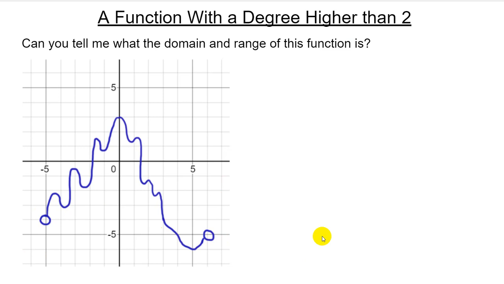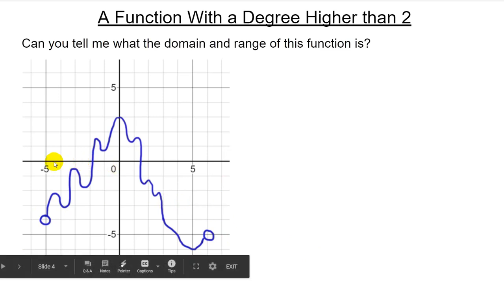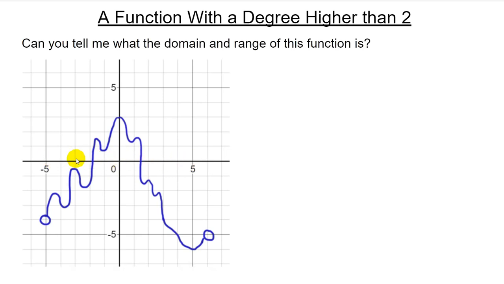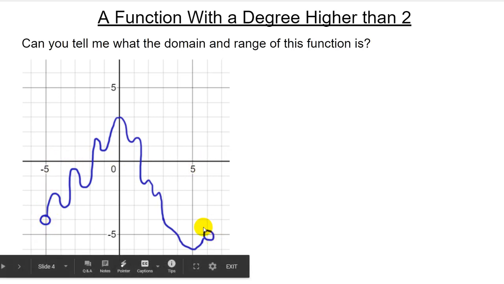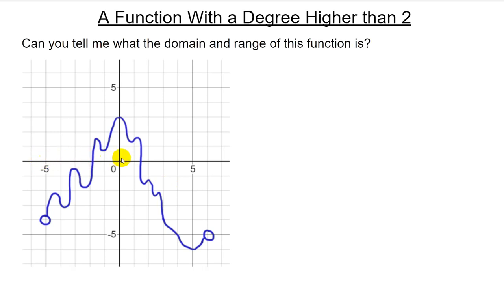So in order to define what the domain and range of this function is, we need to look at our x's, right? So if you look at our x's here, let's go ahead and trace. If you see a little pattern here, this means that our x's have to go from -5 to 6, but it's not going to include -5 or 6. So -5 is less than x is less than 6.